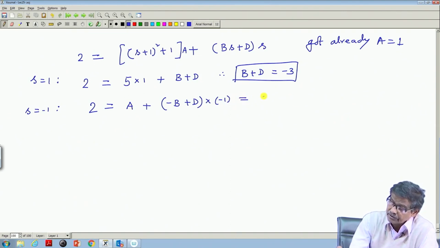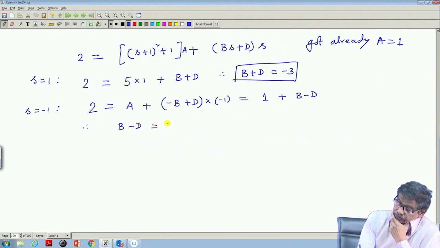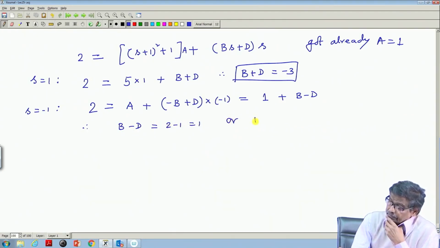So, this will be equal to 1 plus B minus D. 2 is equal to 1 plus B minus D, this minus will make it plus and minus D. Therefore, I will say that B minus D is equal to 2 minus 1 is equal to 1. So B minus D is equal to 1. This is another equation.